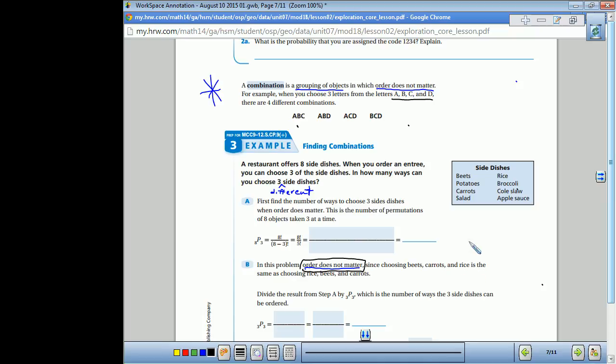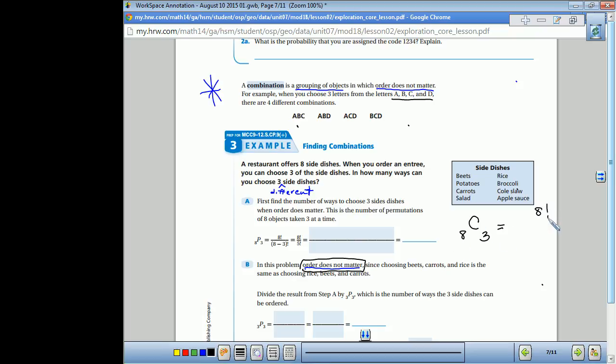So, does the order that they put the food on your plate matter? No, it doesn't. This is a combination. So we would say combination of, how many side dishes do I have to choose from? 8. How many am I choosing? 3. So it's a combination of 8 choose 3.